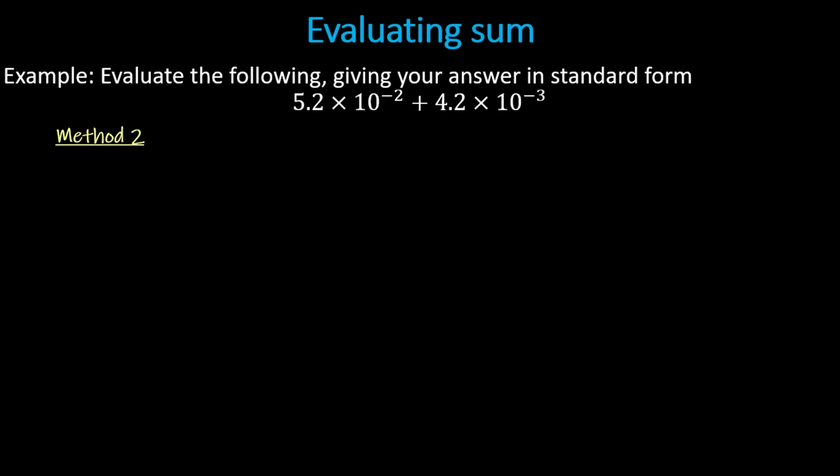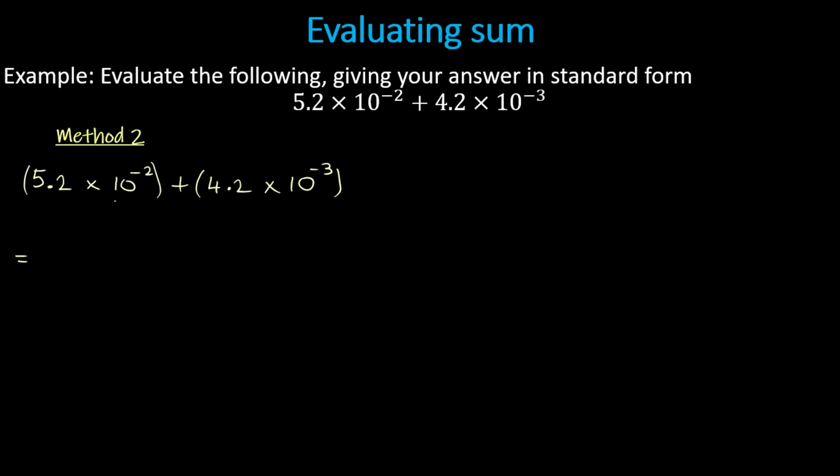So we are given 5.2 times 10 power negative 2 plus 4.2 times 10 power negative 3. Okay, again, for the method of factorization, we have to take out the smallest number.